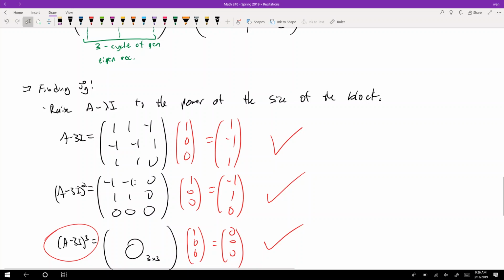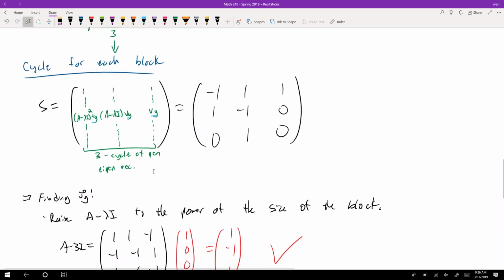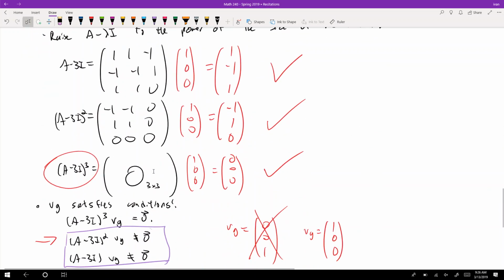It's the second calculation that we did here. All right, and there we go. That's our S matrix. So we had one 3-cycle in our S matrix, and we found it by raising (A - λI) to the third power. Okay. Any questions?